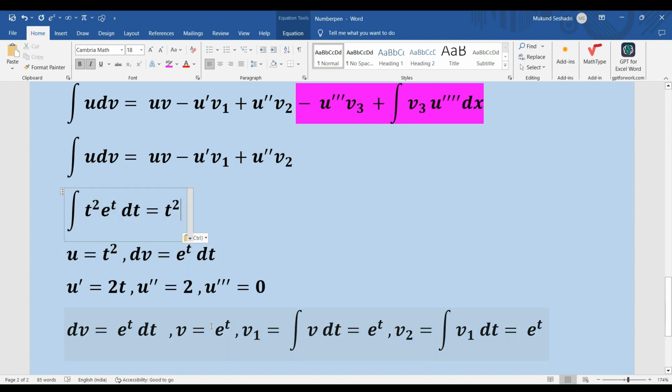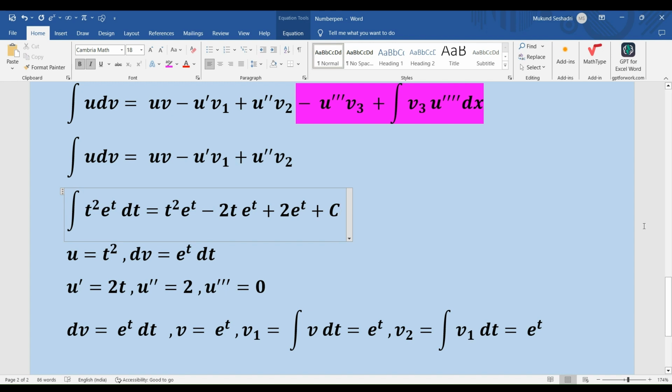So I get t square times e to the power t, minus u dash which is 2t, and my v1 is again e to the power t, and I have a u double dash which is a 2, and my v2 is also e to the power t. And then not to forget my constant, plus c.